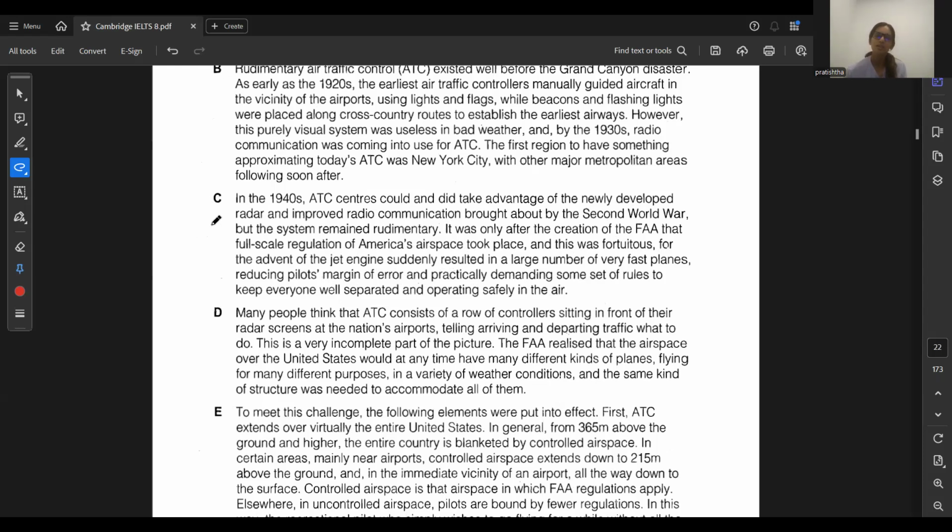So this is talking about radars and radio communication right after the Second World War, and the creation of the FAA.